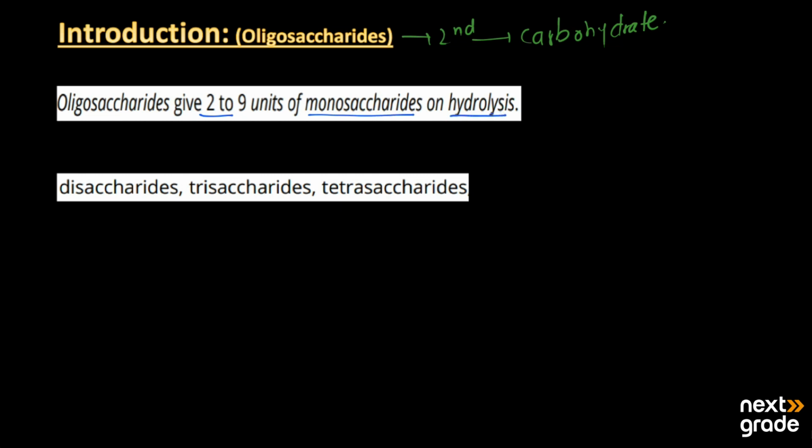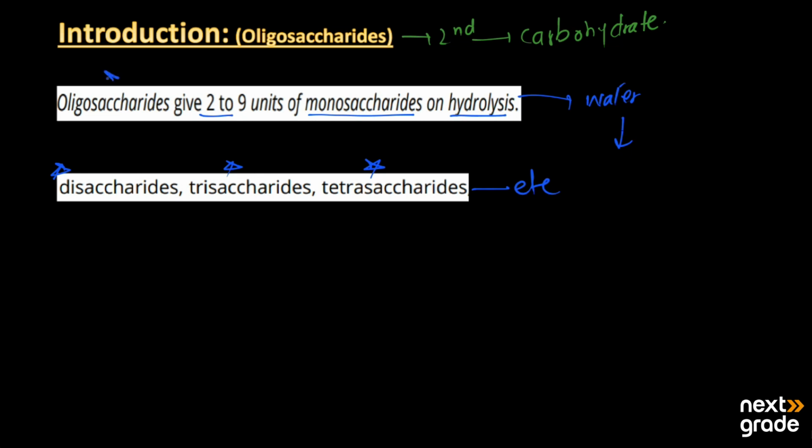Therefore, they are classified as simple disaccharides, trisaccharides, tetrasaccharides, and so on, according to how many units of monosaccharides they produce upon hydrolysis. Hydrolysis means that when they get dissolved in water, they produce the simple monosaccharide units.